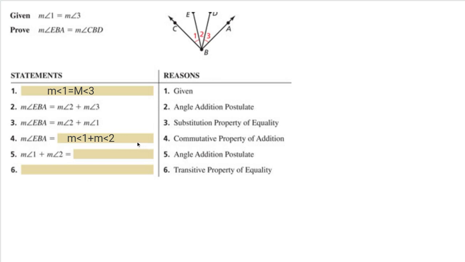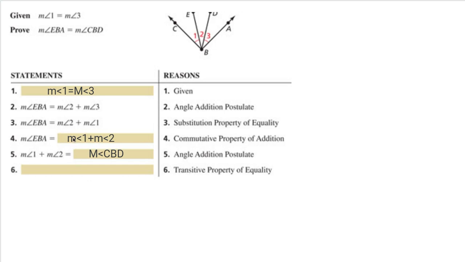Which means that from above, we have the measure of angle 1 plus the measure of angle 2. The measure of 1 plus angle 2 is going to be the measure of angle CBD. So, CBD is 1 plus 2.